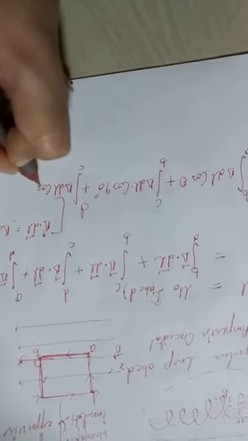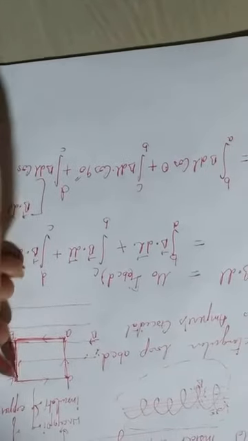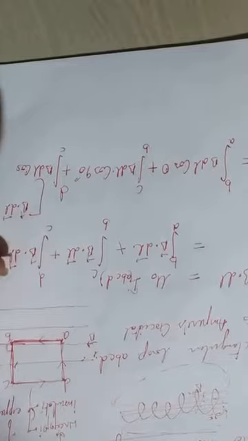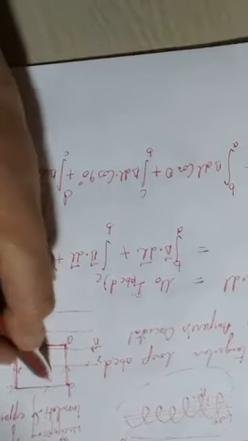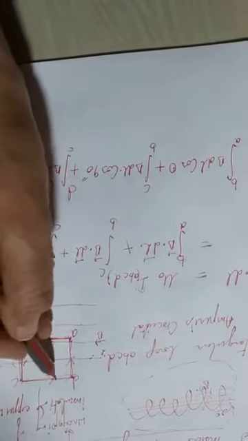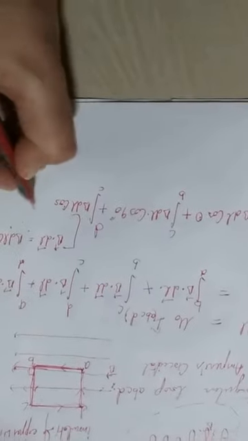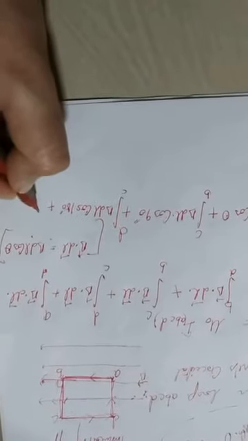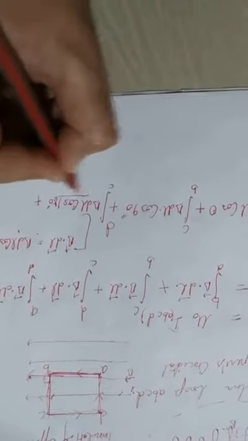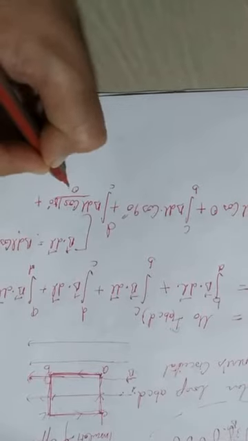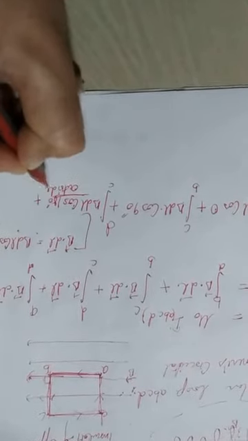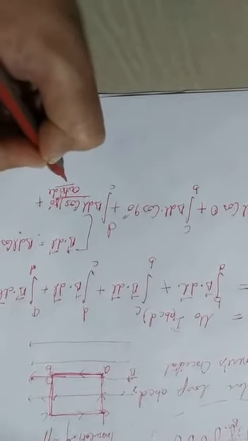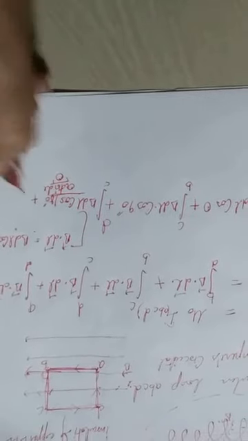Now we check theta for C to D. B is acting in this direction and the current-carrying length is acting in this direction, so the angle is 180. This also we can write as 0, because this one is outside, the magnetic field outside is 0.